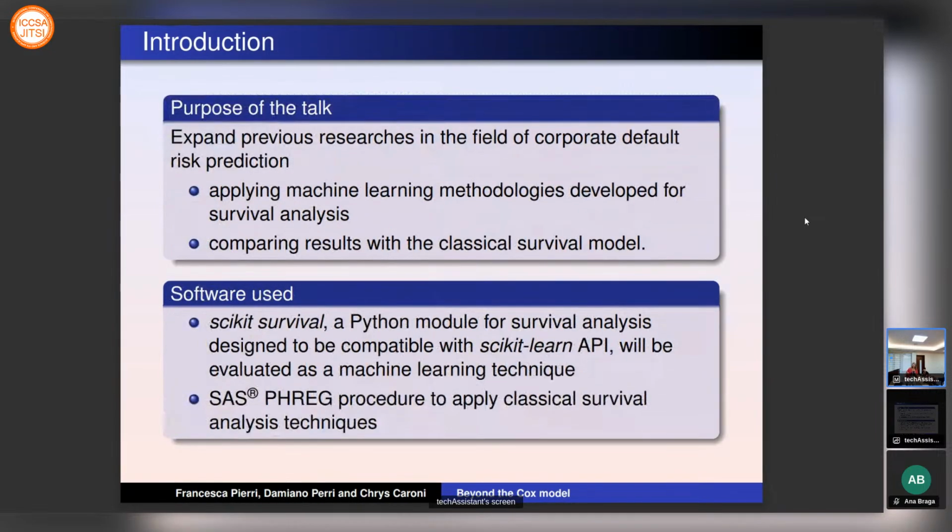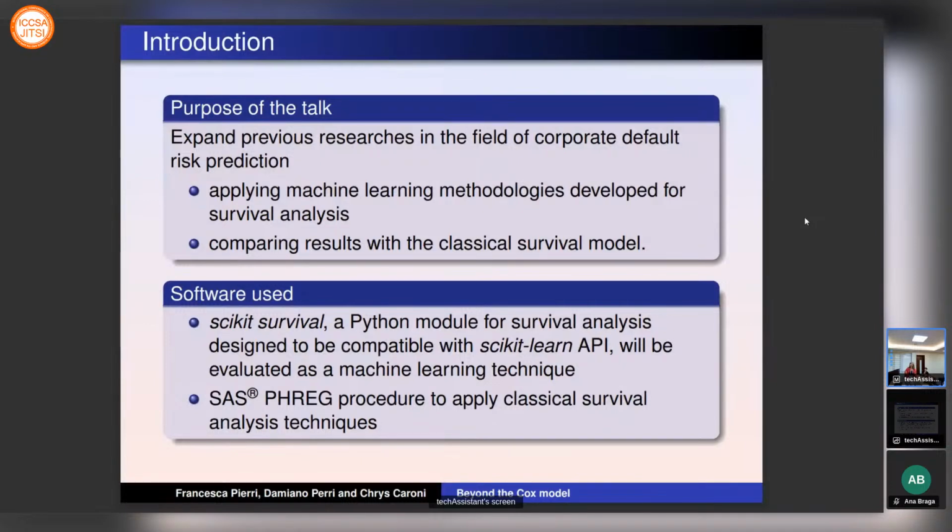The purpose of the talk is to expand previous research in the field of corporate default risk prediction and apply machine learning methodologies developed for survival analysis and compare results with the classical survival model. We have used two different software.